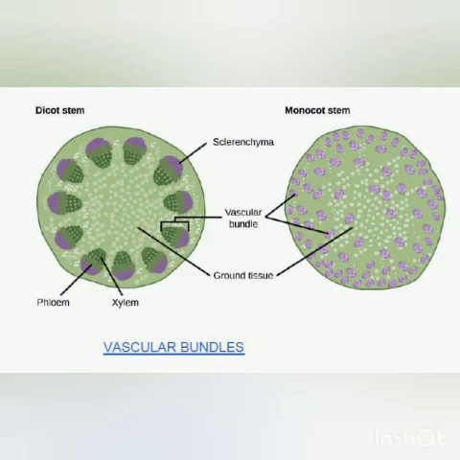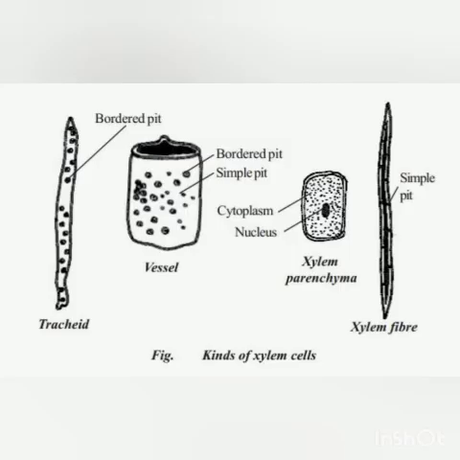Children, you can see the image also to have a better understanding, because diagrams are given in the images. Now students, xylem is made up of four different types of cells: tracheids, vessels, xylem parenchyma and xylem fibers. Now these tracheids and vessels have thick walls.